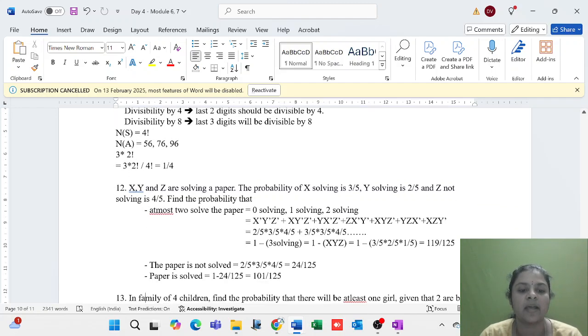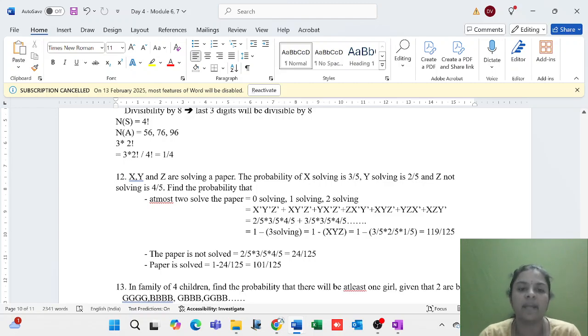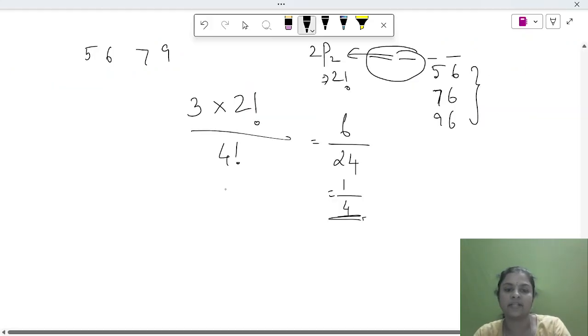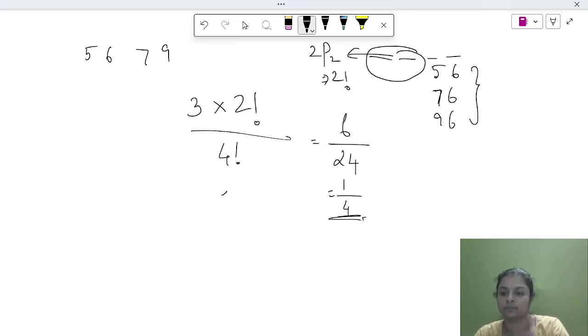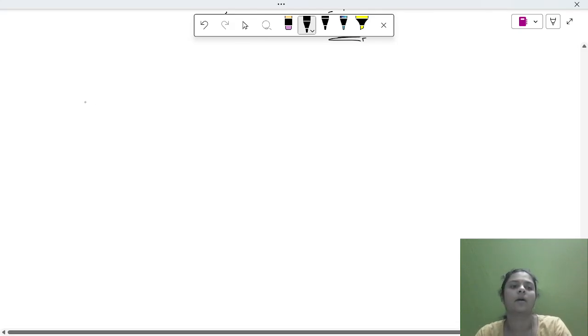Next question. X, Y and Z are solving a paper. The probability of X solving is 3 by 5. Y solving is 2 by 5. Z not solving is 4 by 5. So let's write the scenarios. Probability of X solving is 3 by 5.